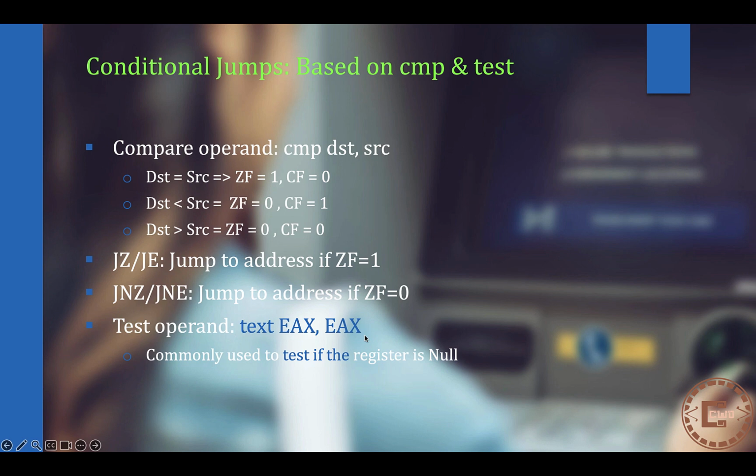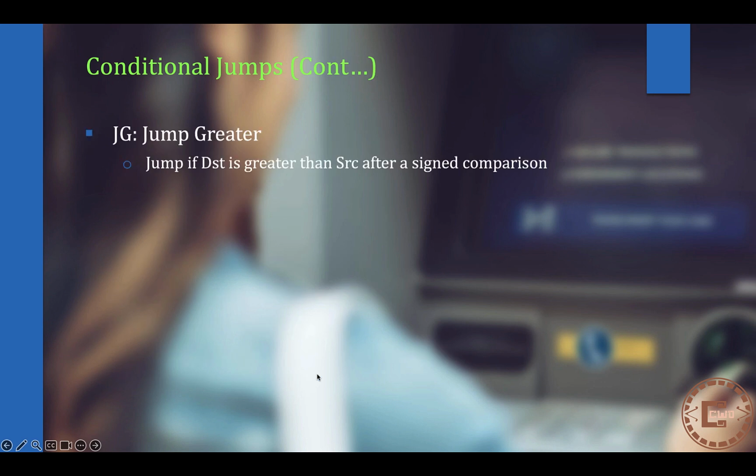If it is null, you take some instructions. You will see an example in a second. If this register is null, then the zero flag is set. The zero flag is set if EAX is 0.